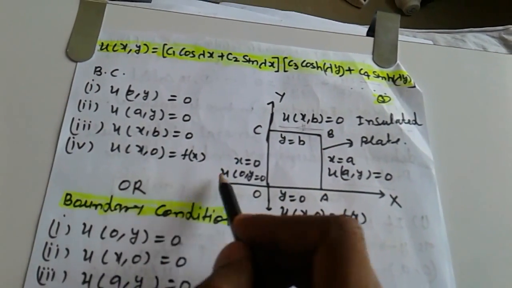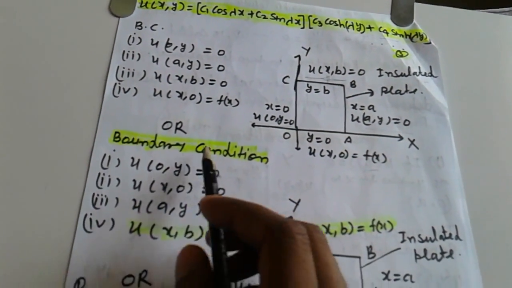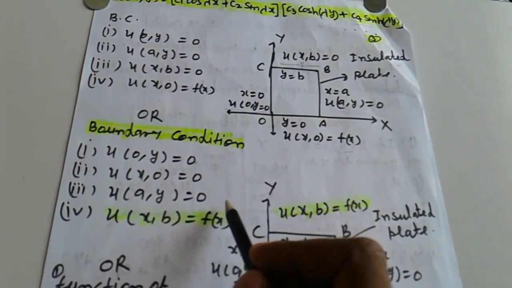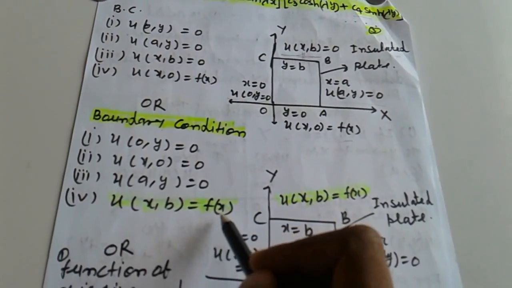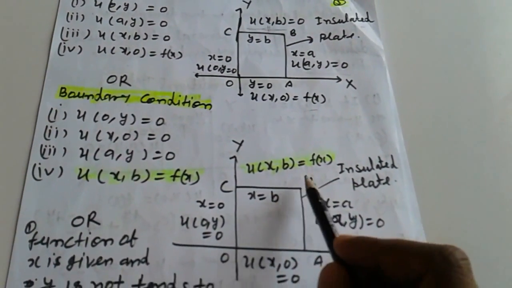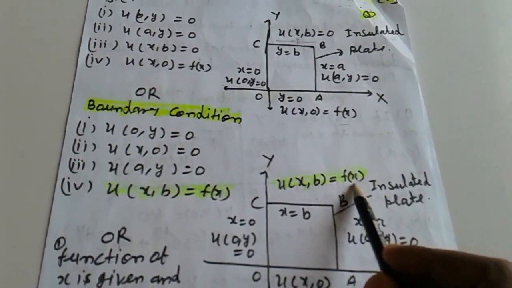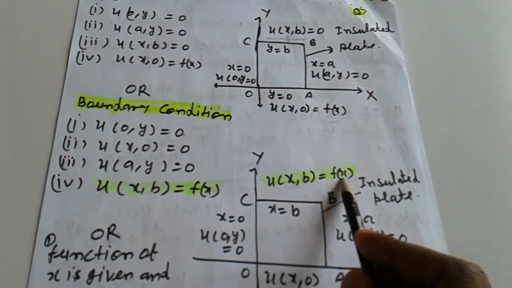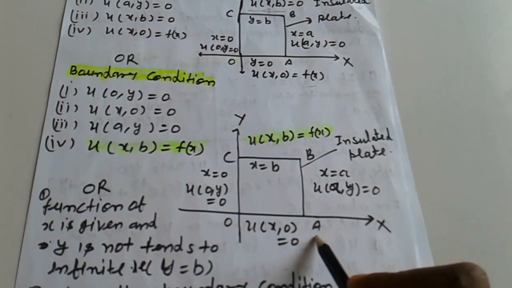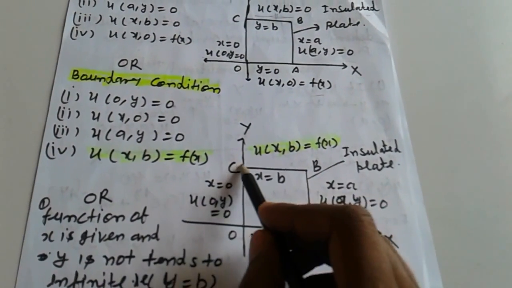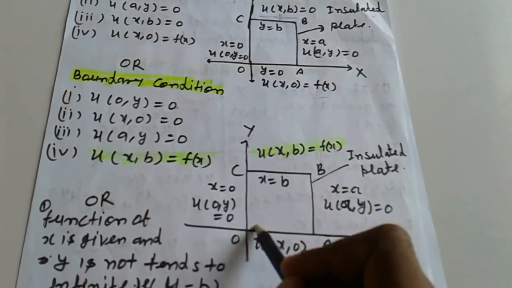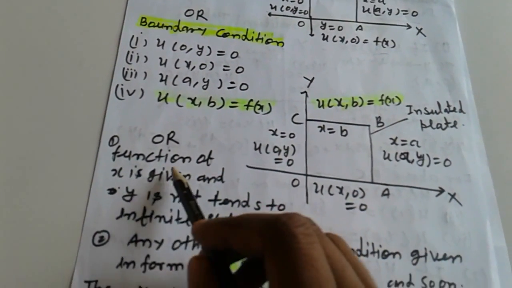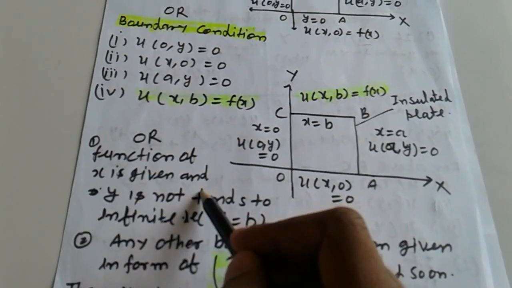So u(x,0) = f(x), or the boundary conditions u(0,y) = 0, u(x,0) = 0, u(a,y) = 0, or u(x,b) = f(x). For the insulated plate, the boundary is fixed. Or in another case, this function of x is given.